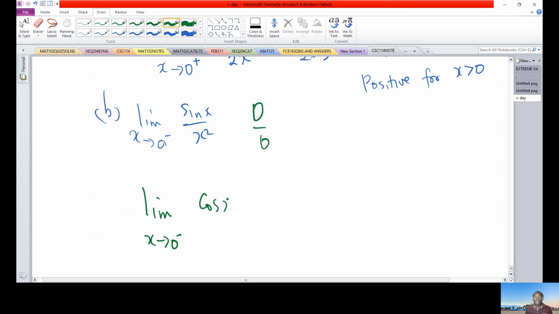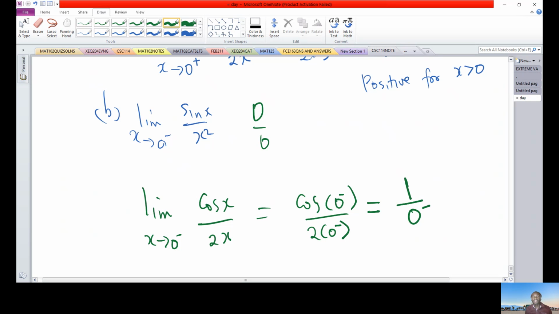The derivative of sine is cos, and the derivative of x squared gives us 2x. Moving from the left, we have cos of 0 over 2 times 0 from the left. Cos of 0 gives us 1, and the denominator is just 0 from the left. So this is the same as negative infinity, which is negative for x less than 0.